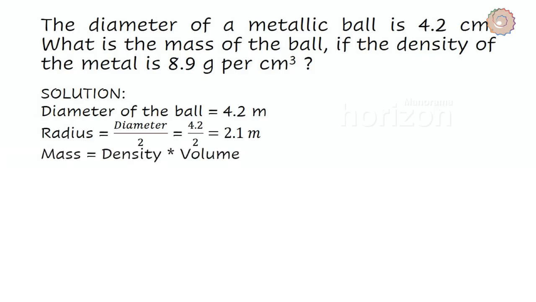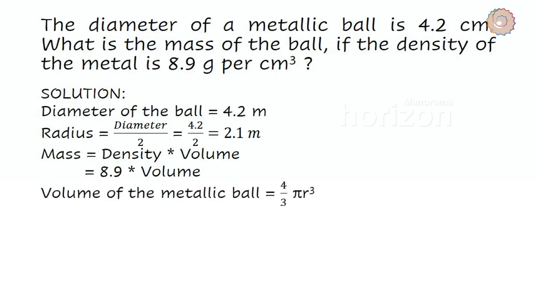We know that mass is density into volume, that is 8.9 into volume. Therefore, the volume of the metallic ball is given by 4/3 pi r cube, and r cube can be written as 2.1 into 2.1 into 2.1.